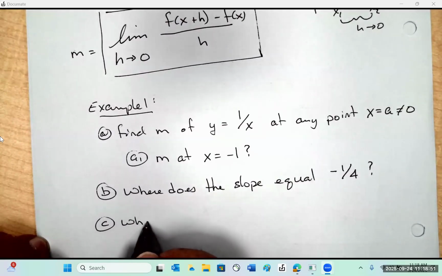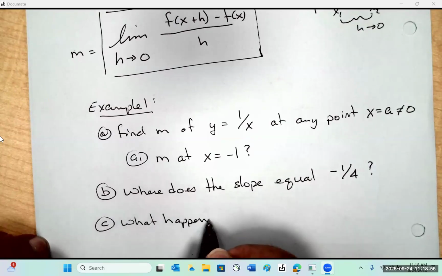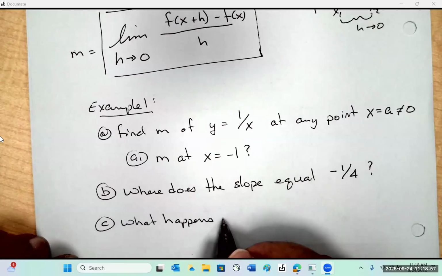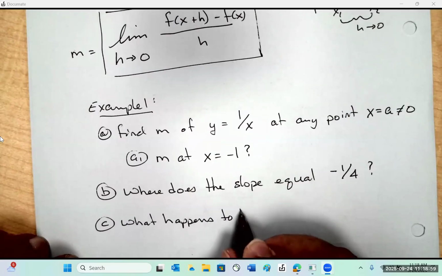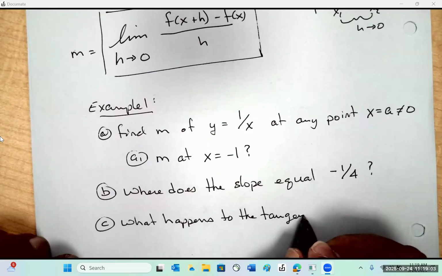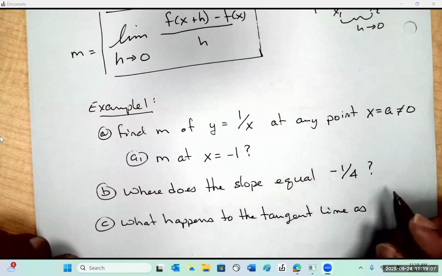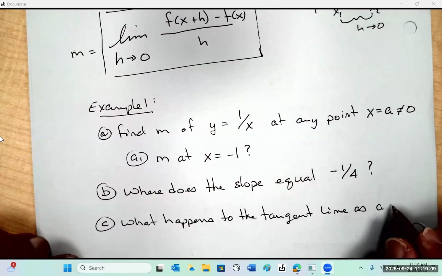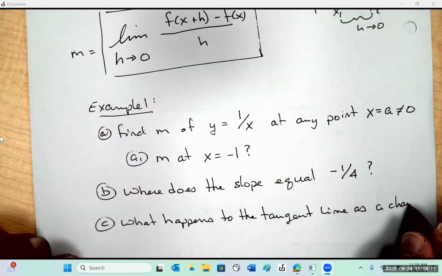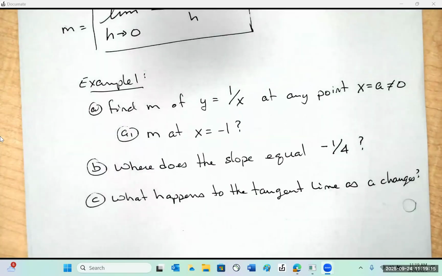And what happens to the tangent line as a changes? So those 4 questions that we have to answer.